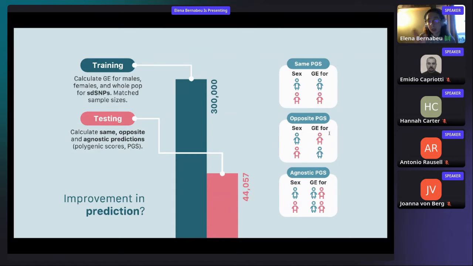The opposite would be the opposite-sex score, like the name indicates, where if you're a female, then we would use the genetic effects from the male model. If you're a male, those from the female model. And then finally, the agnostic polygenic score, which would represent what is currently done, in that independently of your sex, we would just be using a genetic effect that has been estimated in a GWAS that includes both males and females.